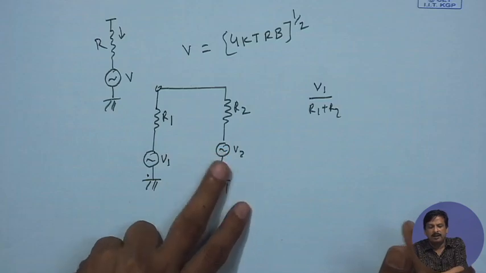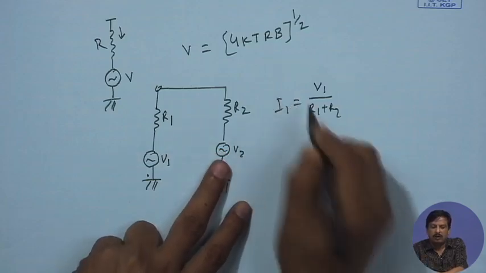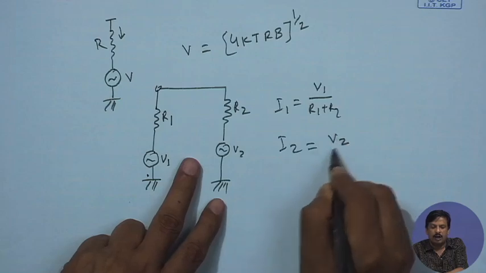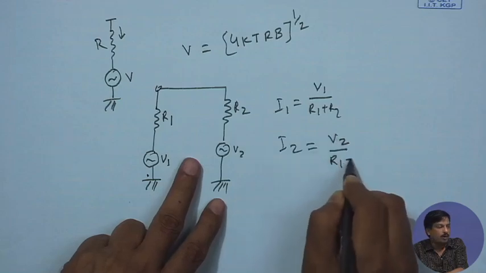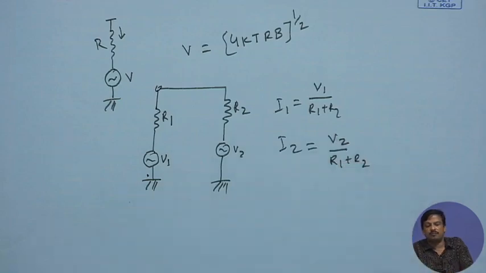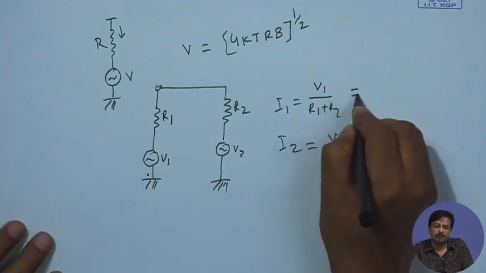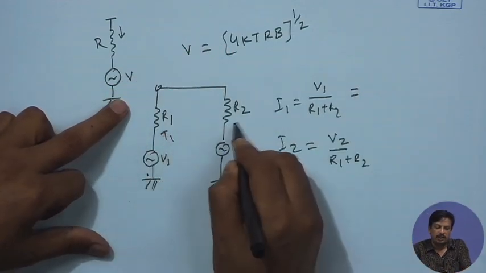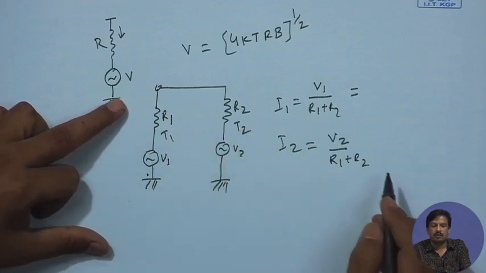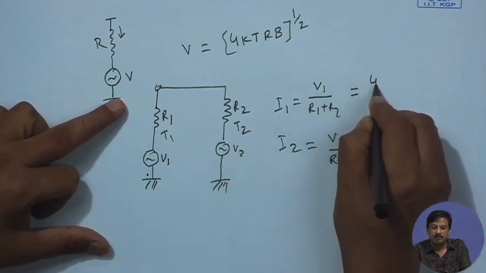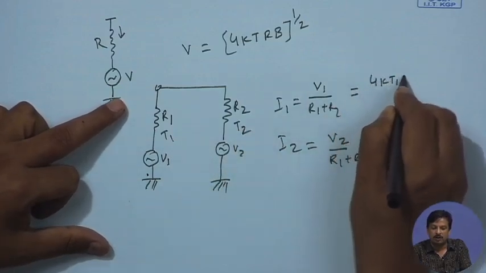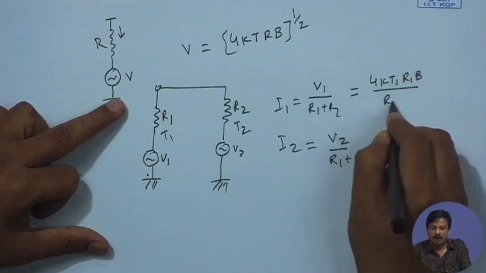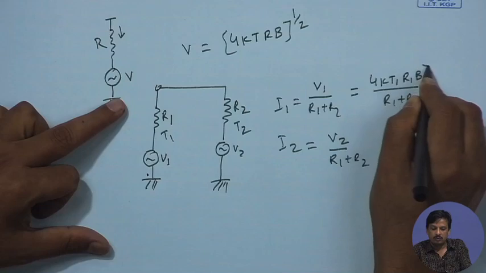Similarly, if I say this is I1 current flowing, what is I2? It is nothing but V2 by R1 plus R2. What is V1? If the temperature of this resistance is T1 and the temperature of the other resistance is T2, then V1 is nothing but root over of 4k T1 R1 B divided by R1 plus R2.